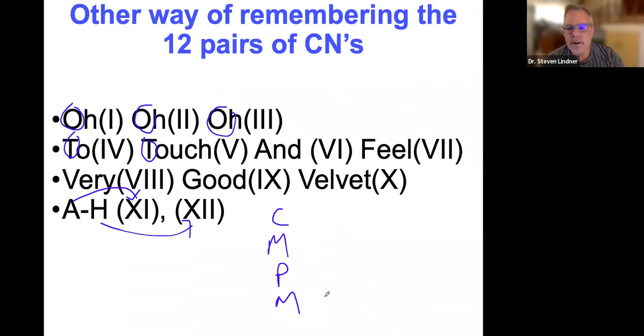So here we have cranial nerves 8 through 12. Here we have cranial nerves 5 through 7. Here we have cranial nerves 3 and 4. And here we have cranial nerves 1 and 2.